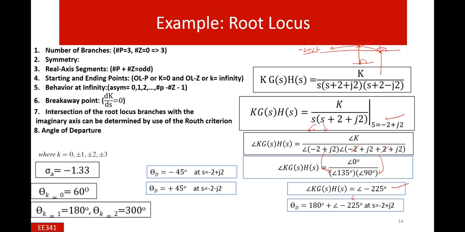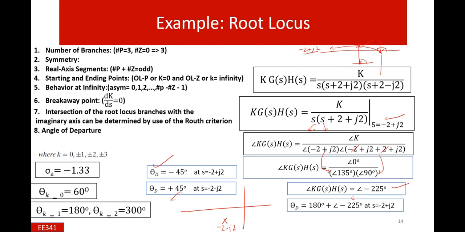So this is the angle we have found. And in a similar way we can find the angle of departure for the other pole, which is at -2 minus j2, and this angle is plus 45.